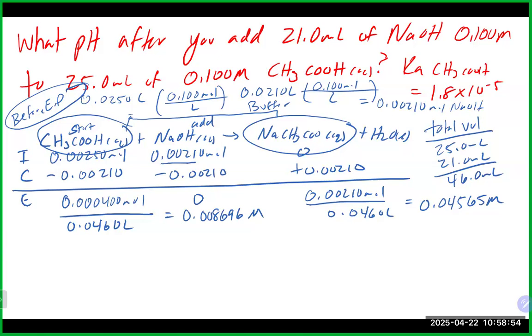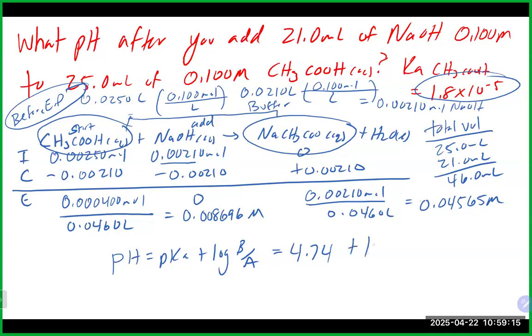Because of that, we could actually go into the Henderson-Hasselbalch in this case. pH is equal to pKa plus the log of the base over the acid. pKa value there for acetic acid, 4.74. So 4.74 plus our log of our base, which is the acetate here, divided by our acid.